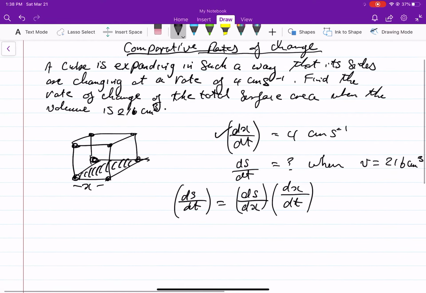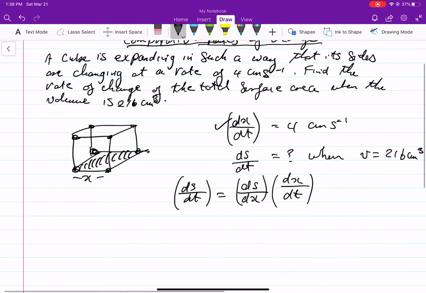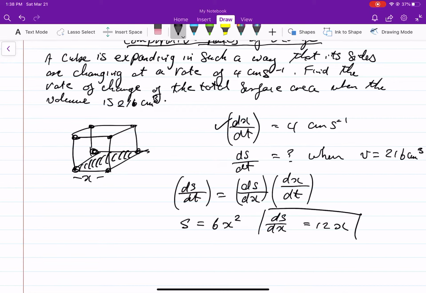Well, I'll have to set up a relationship between S for surface area and x for the length of a side. The surface area for any one side of a cube would be x squared. And since there are 6 such sides, the surface area S has to be equal to 6x squared. And if I find dS/dx, that should be 12x. Everybody should be able to differentiate that with no issues.